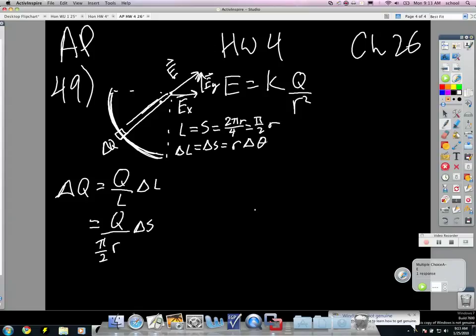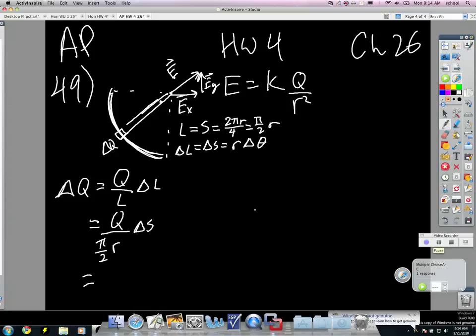So that gives us our ultimate statement of 2Q over pi, and then there's an r here with r delta theta.